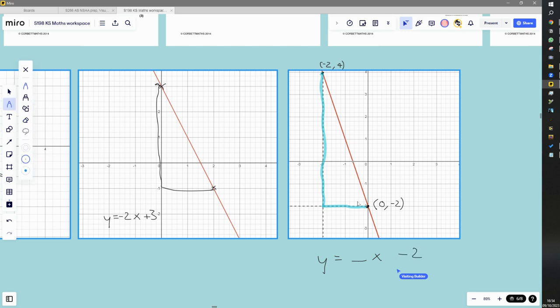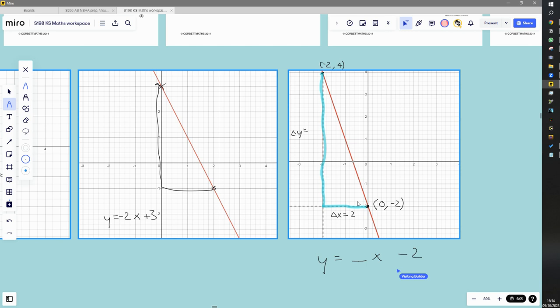And this is where we do the gradient. The way that we do this is we look at the bottom of the triangle and we say the change in x, it goes from -2 to 0. So the change in x, we use a little triangle that means change in, so change in x is equal to 2. So it's gone up by 2. Now, the change in y, it's actually gone down.